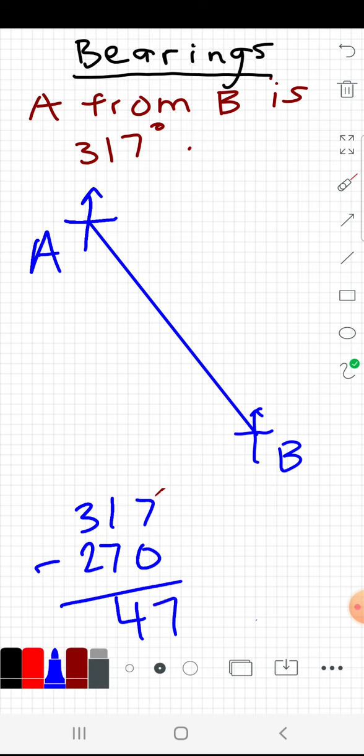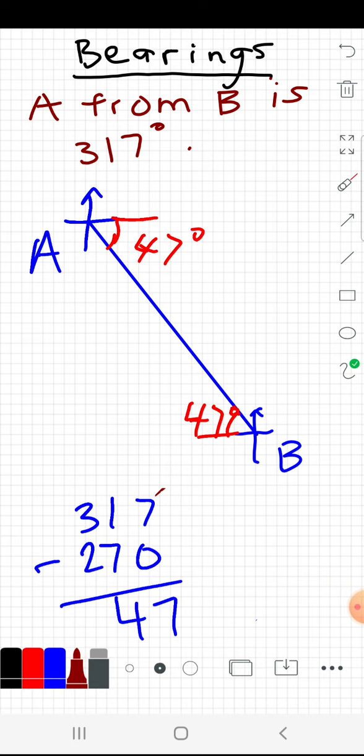So it means that from B, so we are still at B, between the west and the joining line is 47 degrees. So I go to the other side to transfer it. It will come between the east and the joining line. Opposite of west is east. So this is 47 degrees.